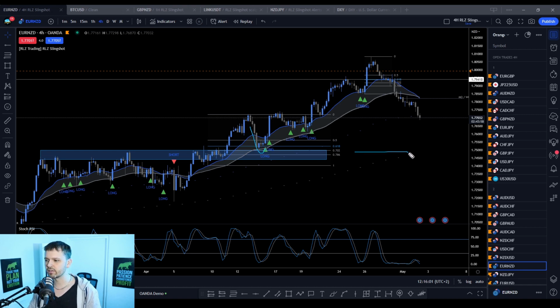So let's say you have a resistance area right here, price comes up and it breaks that level, and then it comes down and retests that level right here. And on the bounce, you see the stochastics RSI being very low, right?